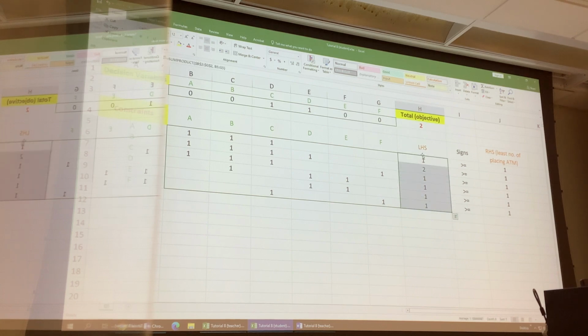And then here, the left hand side also pops up. This means that within this region, you can find how many ATMs. In total, there is 2, and then here you have the numbers. That is the solution 2.